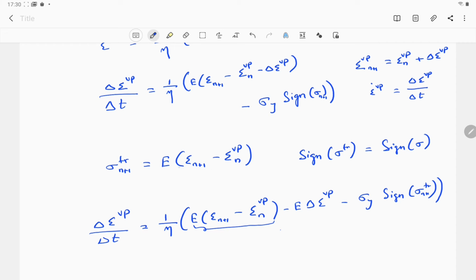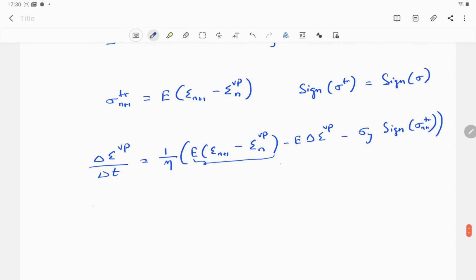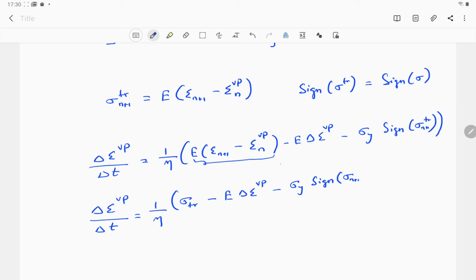This term is nothing but sigma n plus 1 trial. So delta epsilon Vp by delta t is equal to 1 by eta, sigma trial minus E into delta epsilon Vp minus sigma y sine of sigma n plus 1 trial.